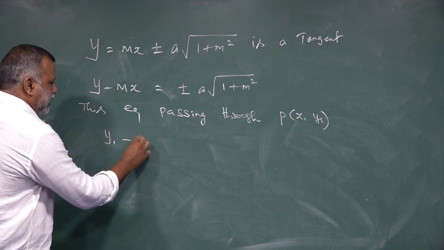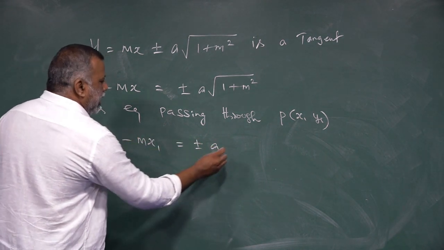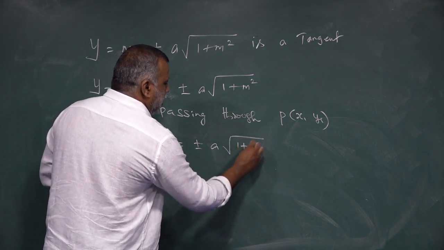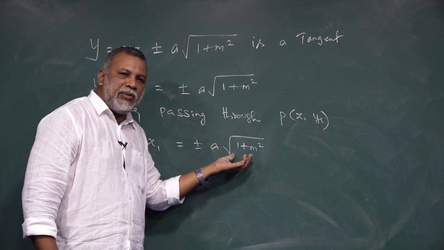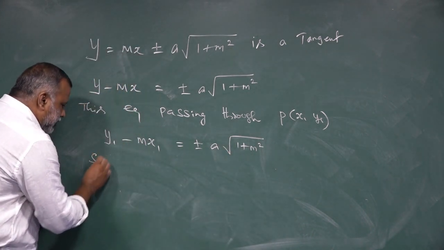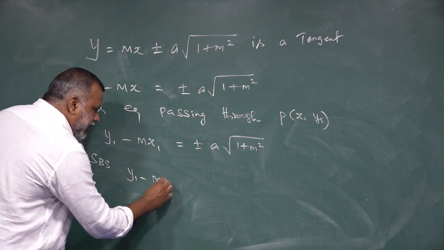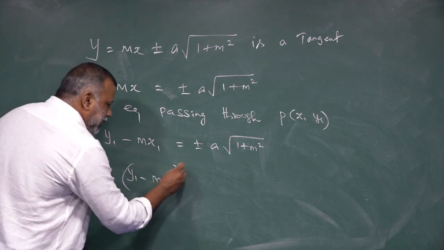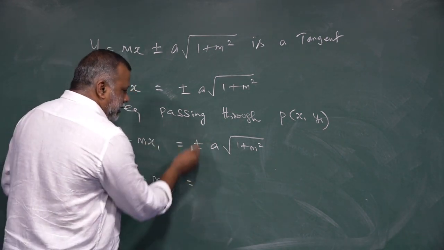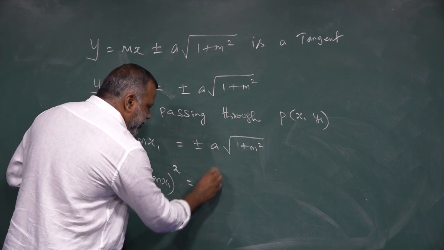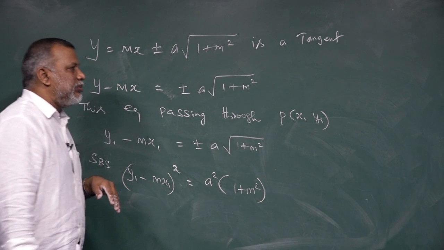Therefore, y1 minus mx1 is equal to plus or minus a square root of 1 plus m squared. I wish to remove the square root, therefore I take squaring on both sides. See here, y1 minus mx1 the whole squared is equal to, when we use the square, we can eliminate the plus or minus, a squared of 1 plus m squared.